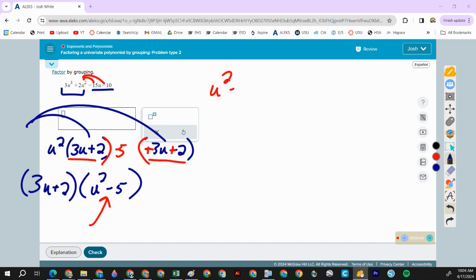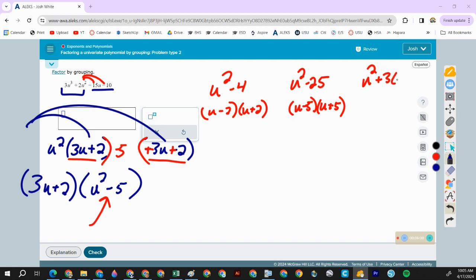So if I had u squared minus 4, it would factor into u minus 2 and u plus 2. If I had u squared minus 25, it would factor into u minus 5 and u plus 5. If I had u squared plus 36, would that factor? No. It has to be a minus. So a plus, the sum of perfect squares does not factor.